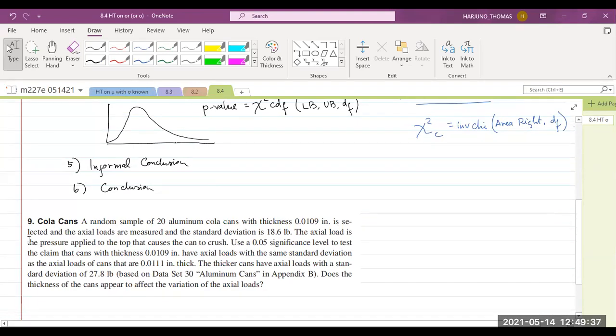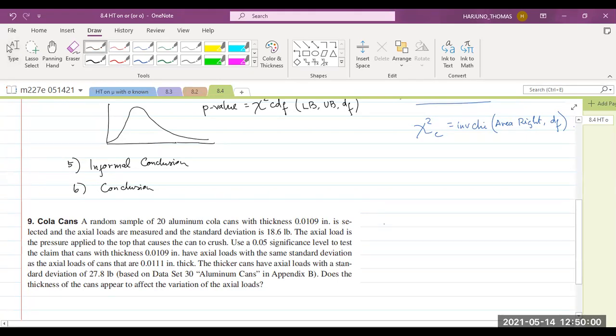Number 9: a random sample of 20 aluminum cola cans with thickness 0.0109 inch is selected, and the axial loads are measured, and the standard deviation is 18.6 pounds.